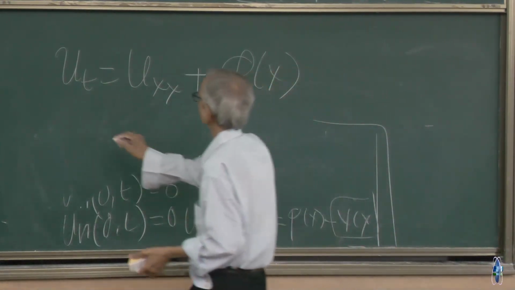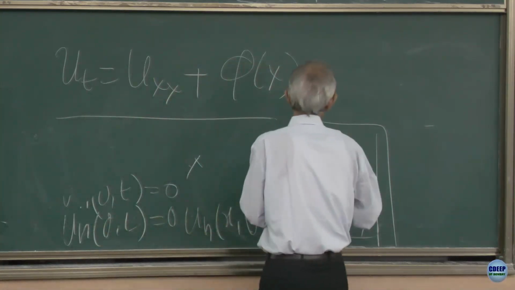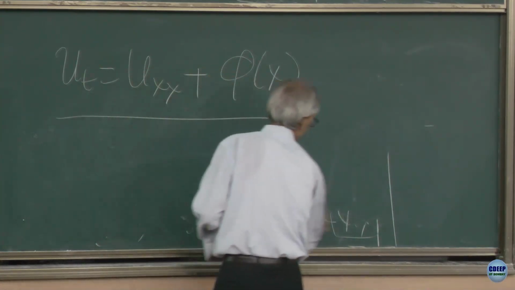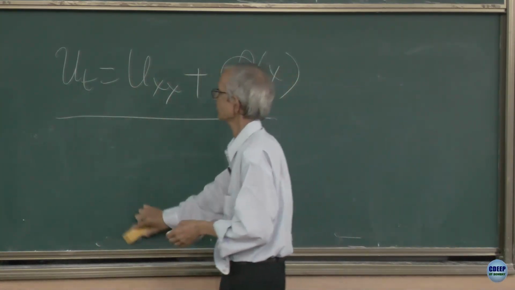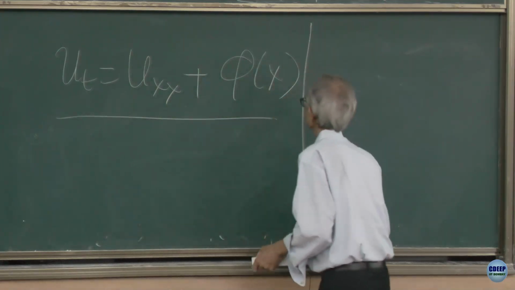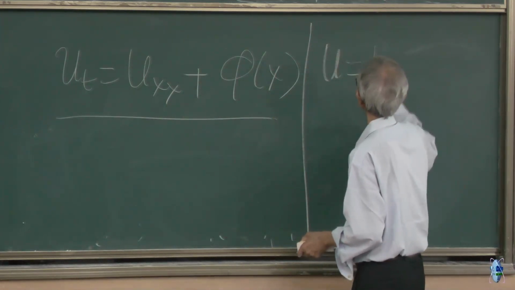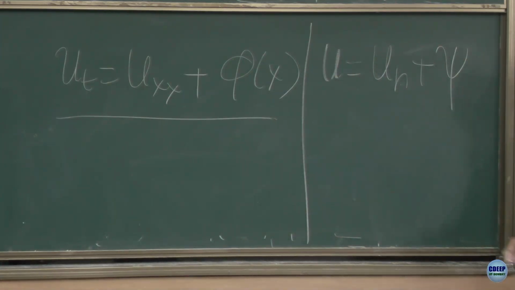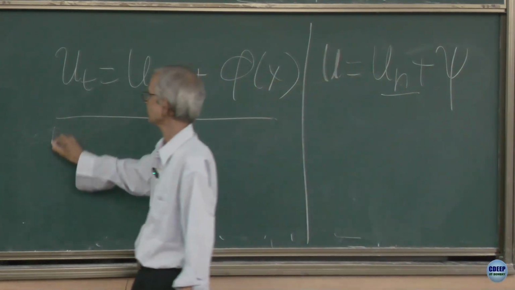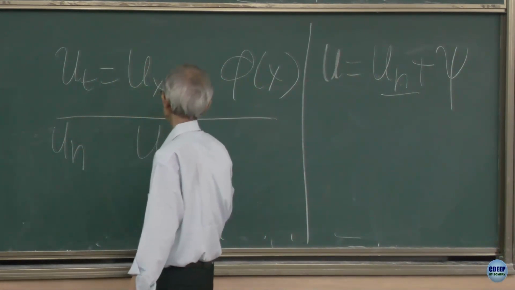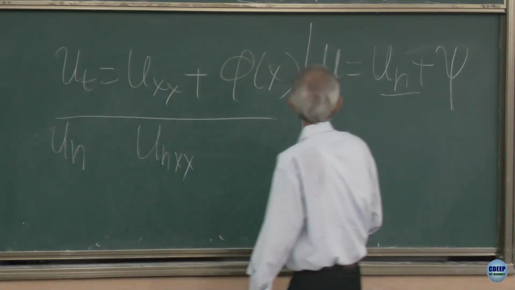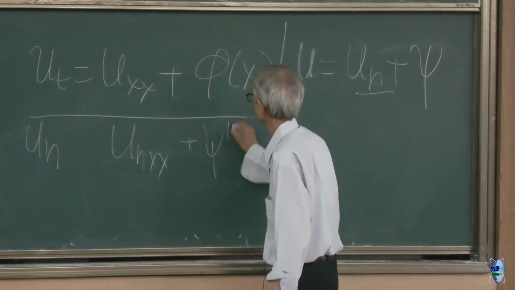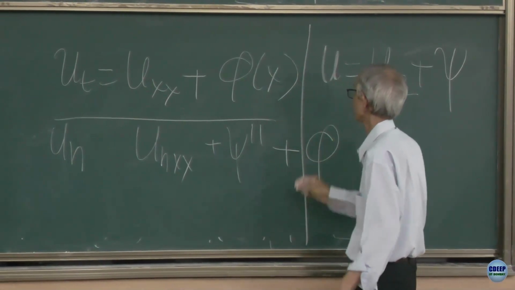So what you can do is ut, you say that u once again, and let us say the boundary conditions are the same as in the past. So you hypothesize that u is going to be some UH plus a psi. Okay. So again you are going to get a UH, you are going to get a UH XX, and whatever is this one here plus psi double prime plus phi.